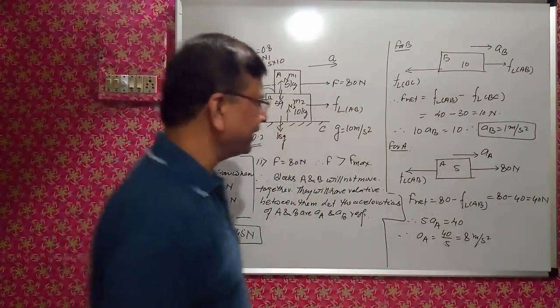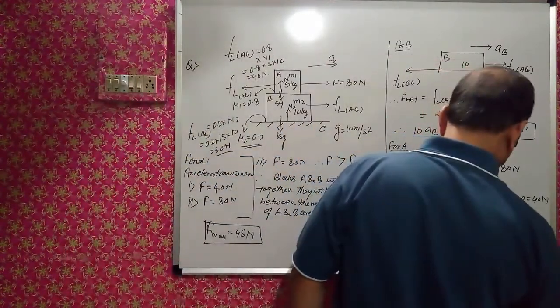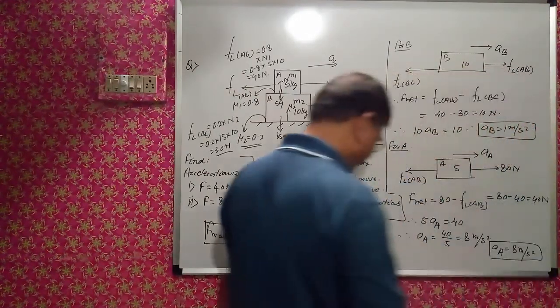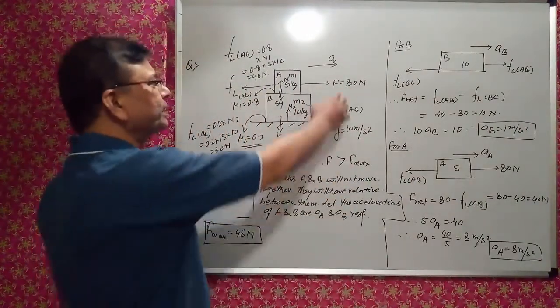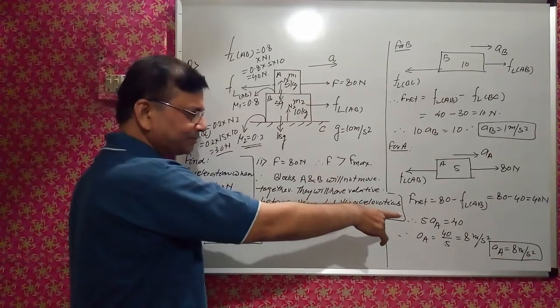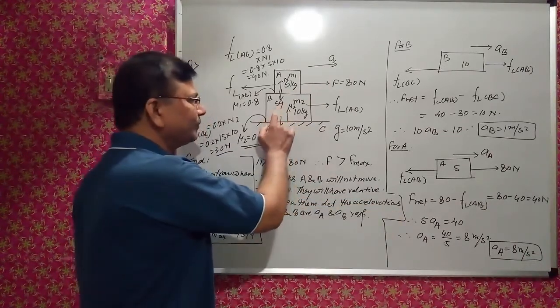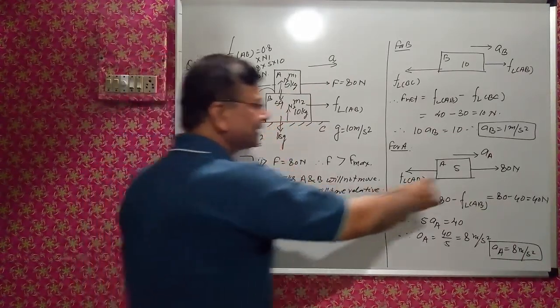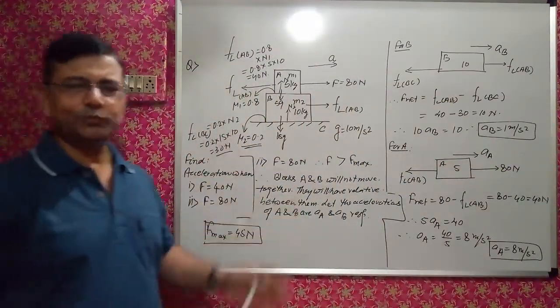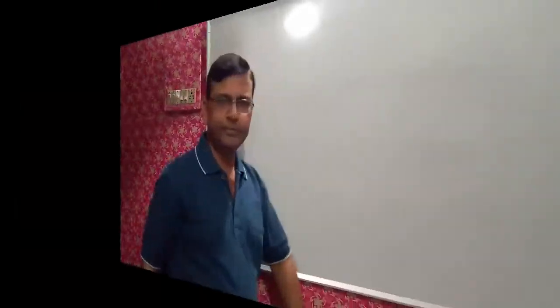So acceleration of A is AA equal to 8 meters per second square. Means when 80 Newton force is applied on this, it will move with 8 meters per second square, and this will move with 1 meter per second square. This way we have solved this question.